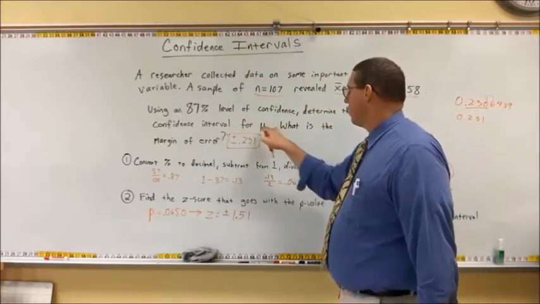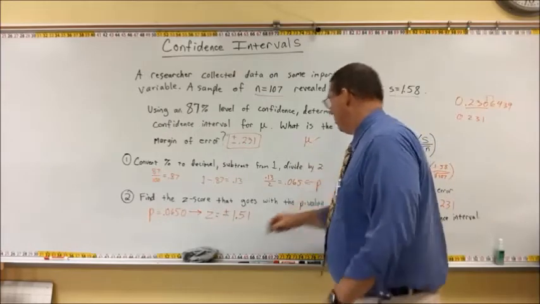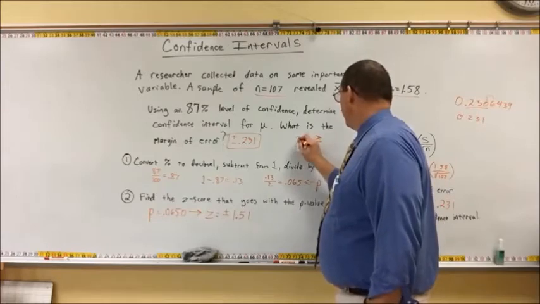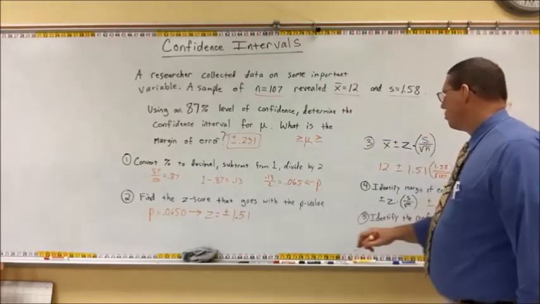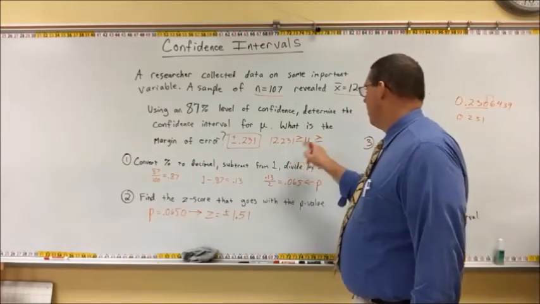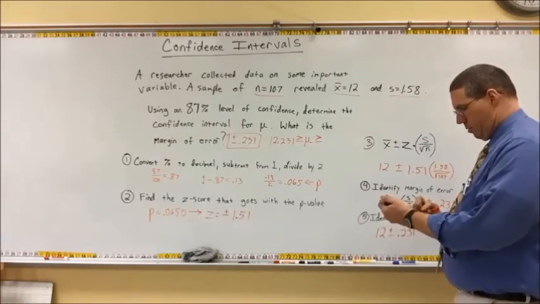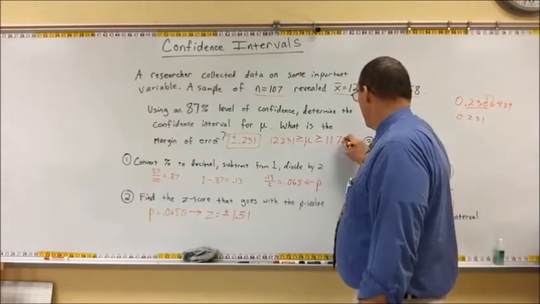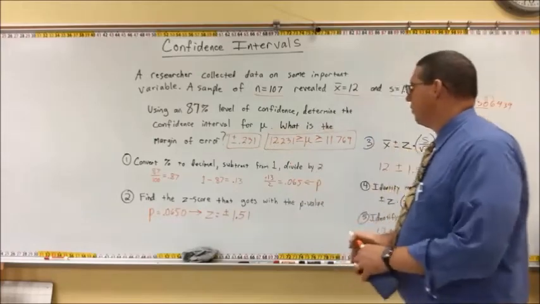And our confidence interval for mu is going to be in between 12 plus 0.231, and that's 12.231, and then 12 minus 0.231, and that's 11.769. And this is our confidence interval, okay?